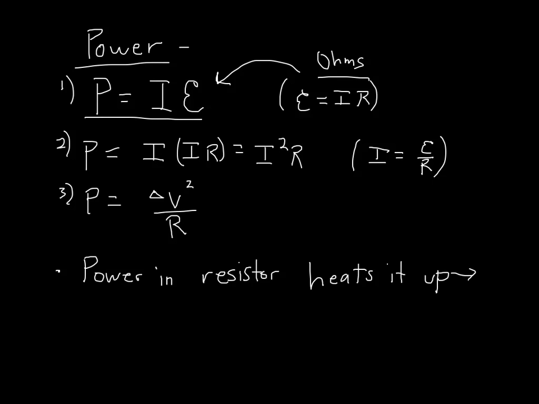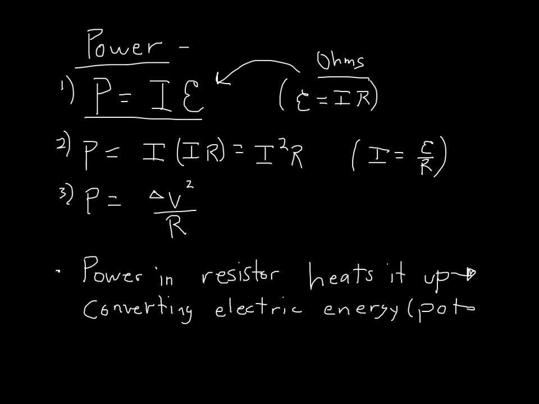So what you're doing when you turn on a circuit is you're really converting electrical energy in the form of potential. You're taking the potential in the battery and you're converting it into heat. And that heat energy is what powers your material.